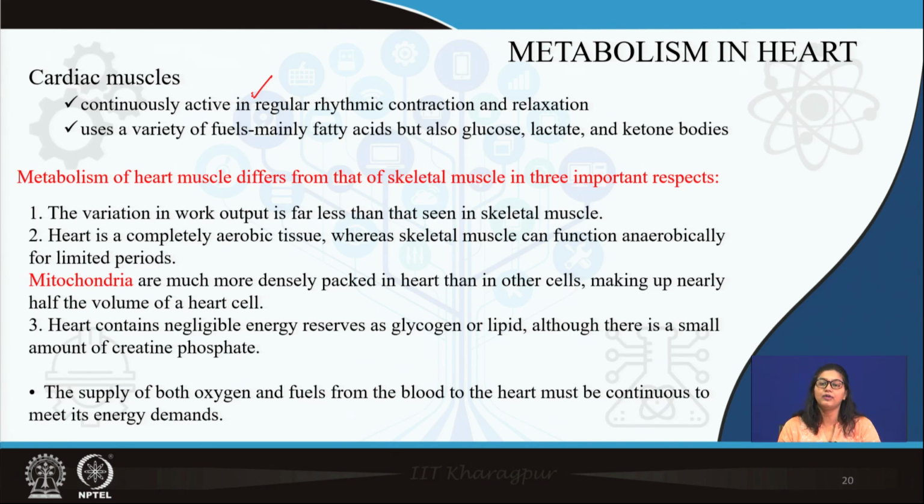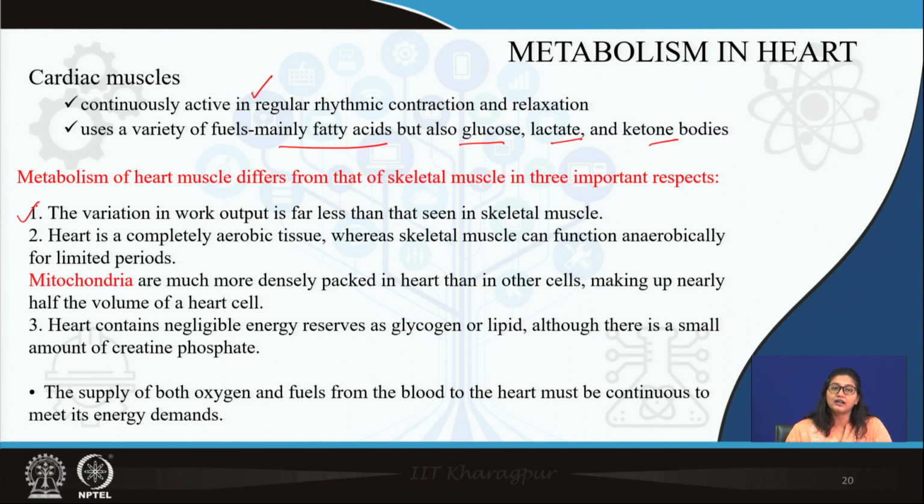It needs aerobic glycolysis. Now the choice of fuel in heart is majorly fatty acids, but glucose, lactate, and ketone bodies also are utilized. Now the differences between cardiac muscle and skeletal muscle, as I have told, the pattern of work is different.